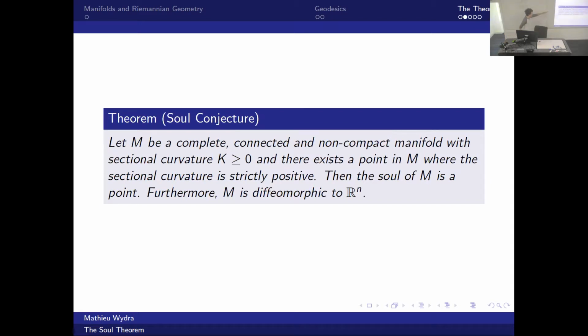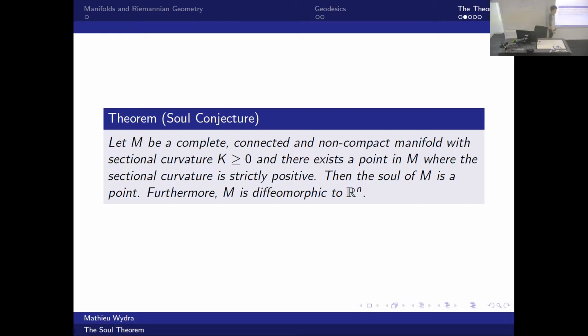Pretty much the same thing. Complete, connected, we assume it's connected anyway, non-compact, sectional curvature non-negative, and a point where the sectional curvature is strictly positive. Then the soul of M, this totally convex, totally geodesic thing, is only a point. And furthermore, M is diffeomorphic to Rn.